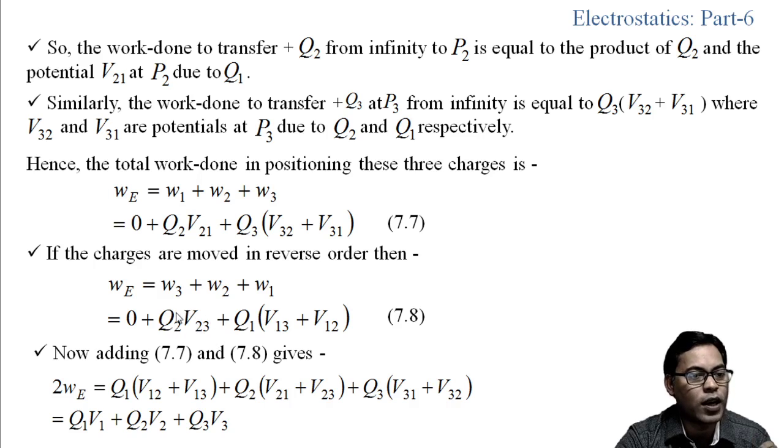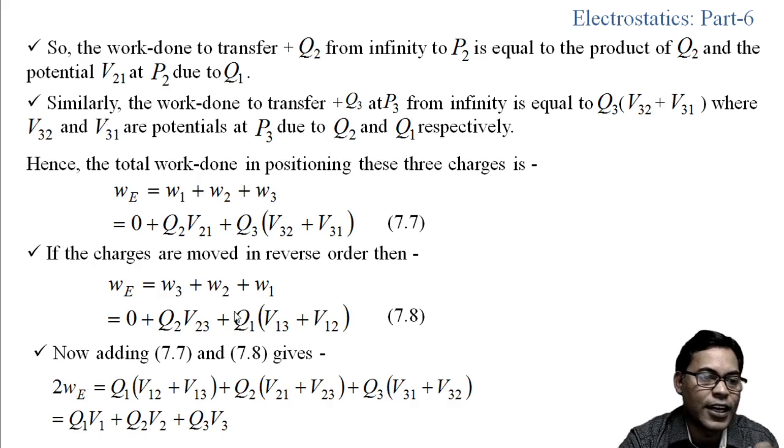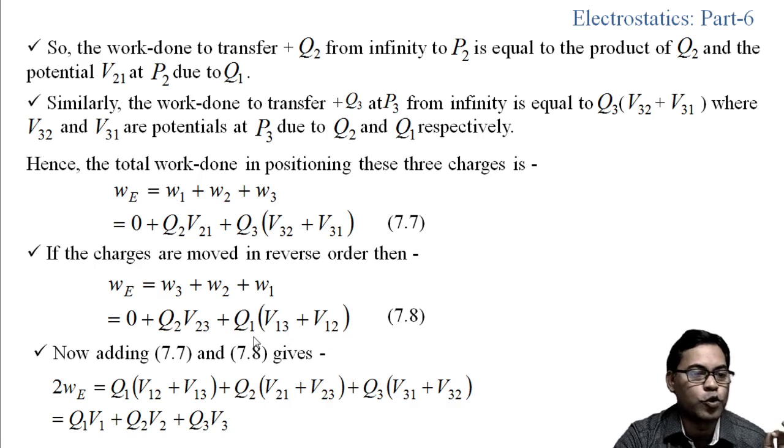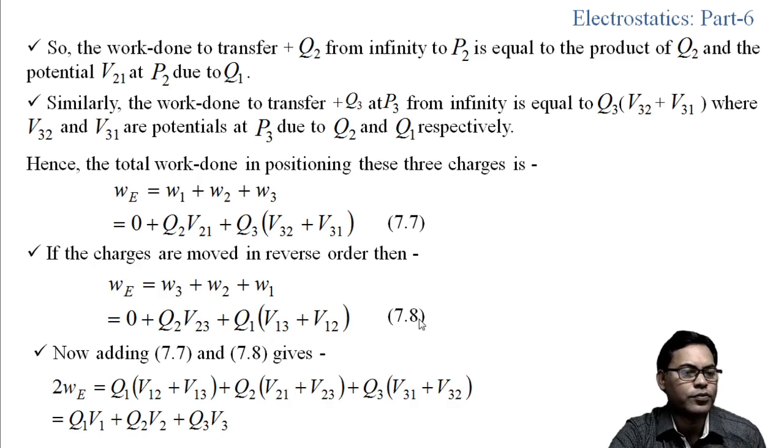So that is the work done. And the third one, W1, we will get Q1 multiplied by V13, the potential at point P1 due to the charge present at point P3 and the charge present at the point P2. So Q1 into V13 plus V12.